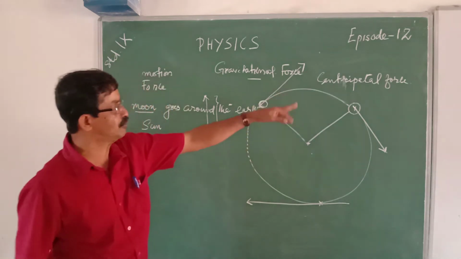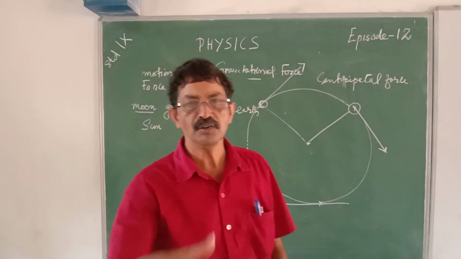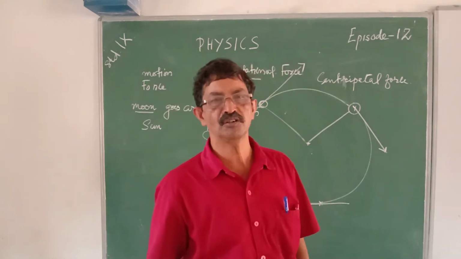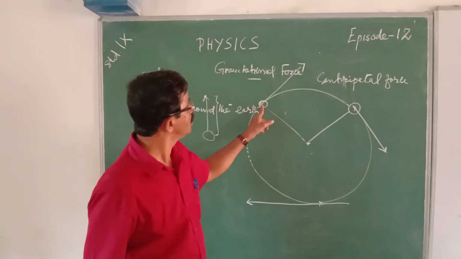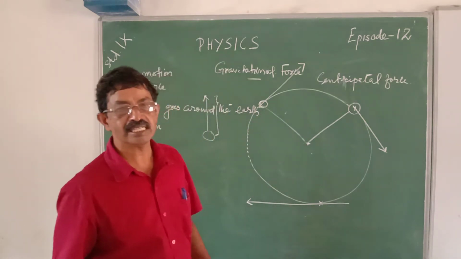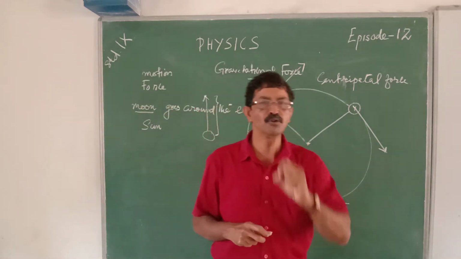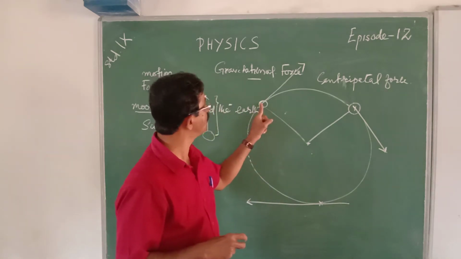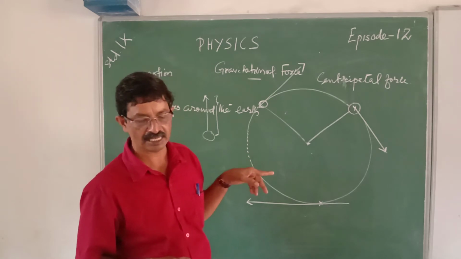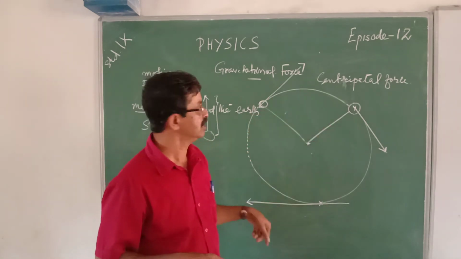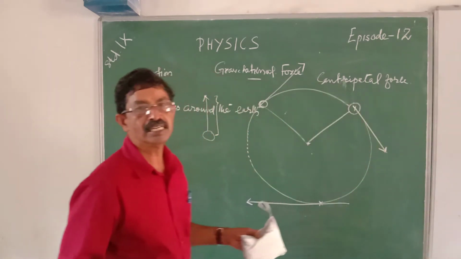In the same manner, we know the moon is moving around the earth, and between the moon and earth there is a force. That means the earth exerts a force on the moon, and that force keeps the moon in its circular path around the earth. That force is called what?